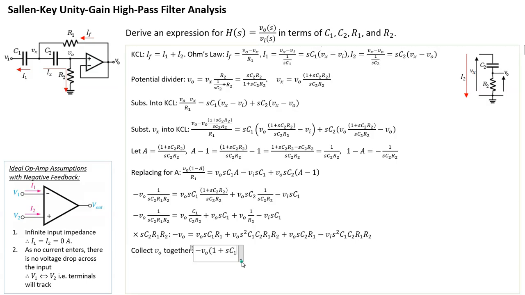C1 R1. Okay, I'm going to do something further. If you notice here, there are two VOs. One is C1R1, the other one is C2R1. So R1 is common, so it becomes SR1, and then in brackets, C1 plus C2.